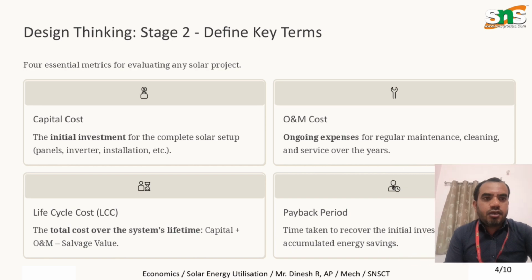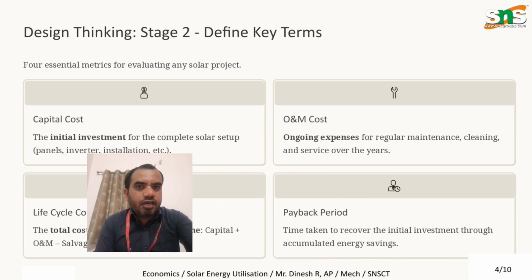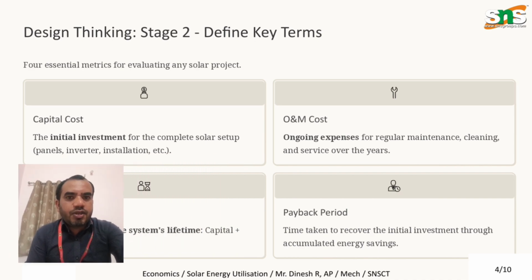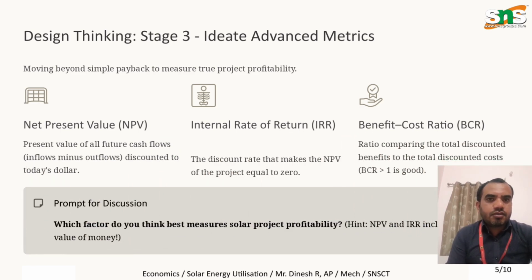So here, the design thinking stage. First, we have to focus on the capital cost, O&M cost, life cycle and payback period, which we have already seen in the previous mind map. Okay. Now, the ideate stage: moving beyond simple payback to measure true project profitability.